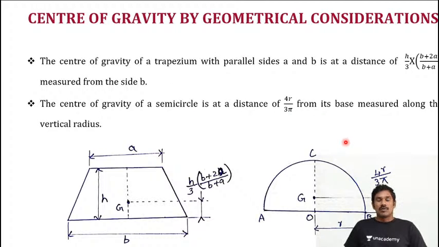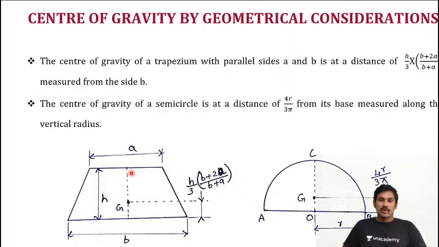Now trapezium, how to find it for a trapezium? If you take a trapezium where the smaller breadth is a and the larger breadth is b and the height is h, where does the CG lie?